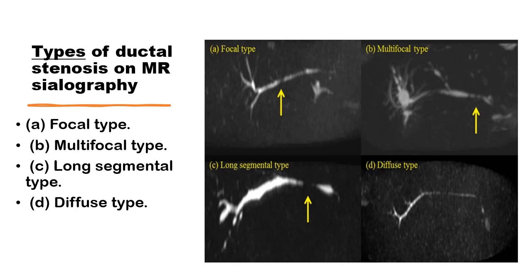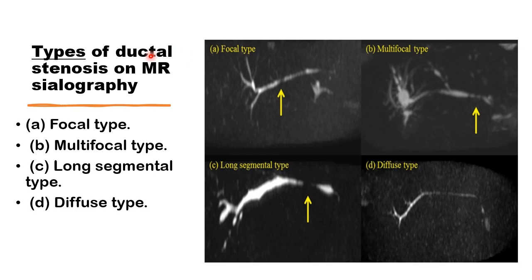And the MRI sialography will also provide information helpful in classification of the types of the duct stenosis. We shall see different types here, and later we shall see also different grades.